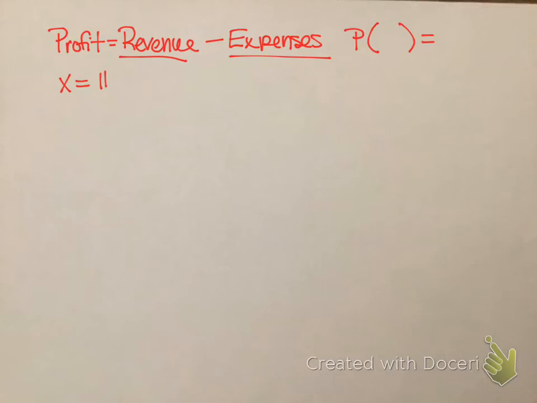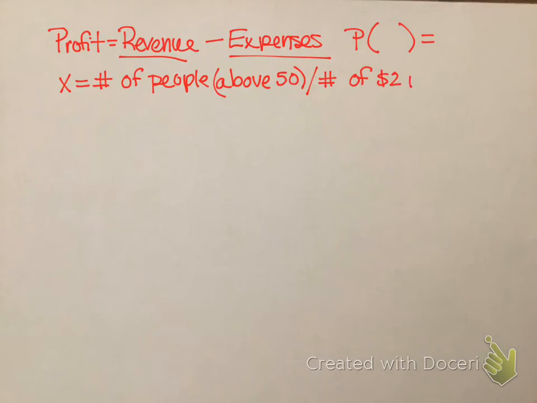So x could be the number of people above 50. And you can also think of this as the number of $2 reductions.